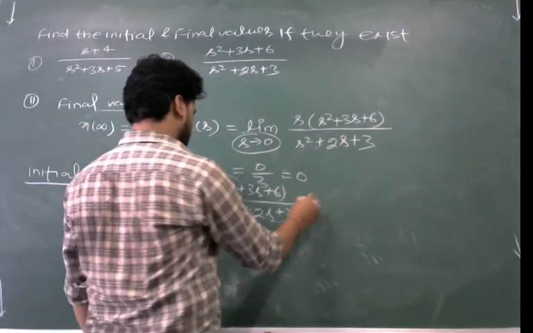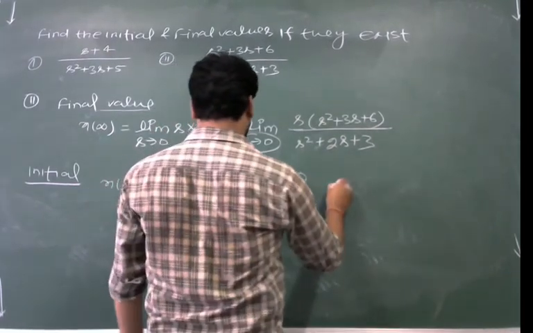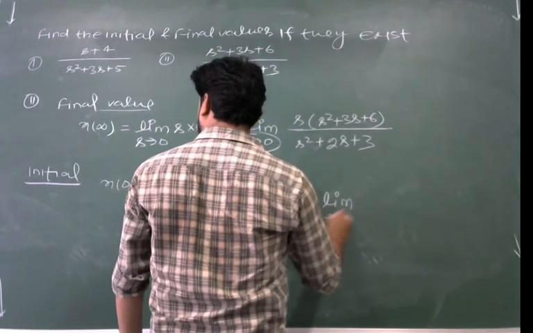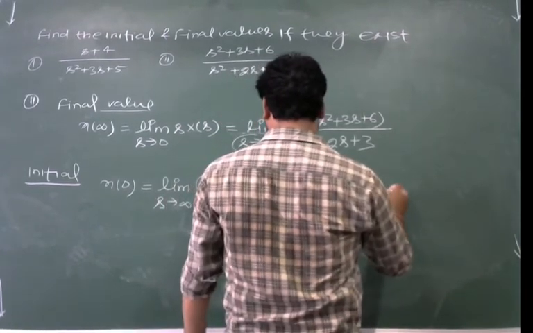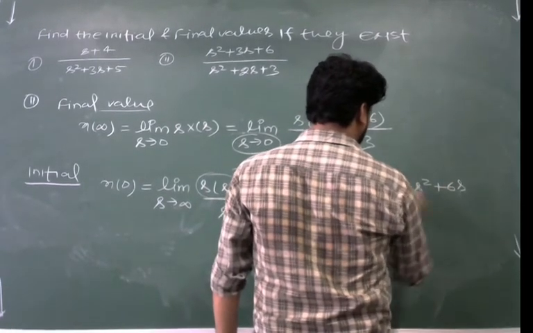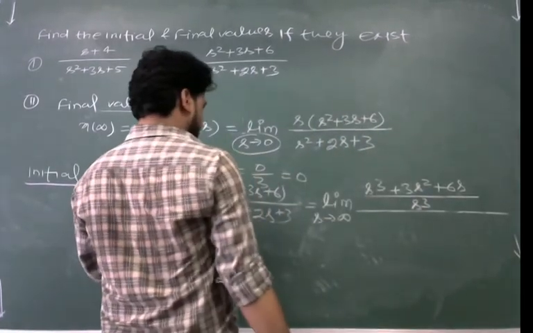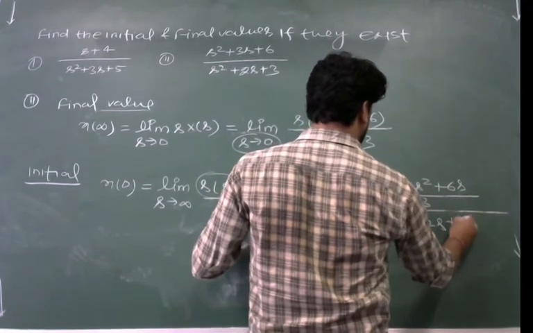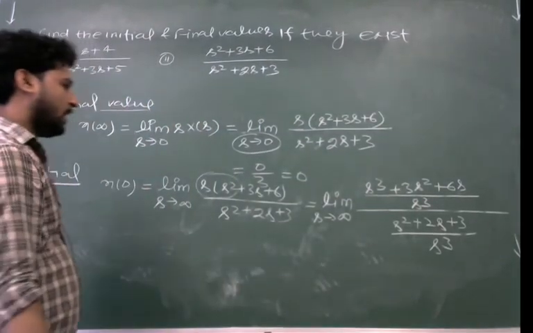So this will become limit s tends to infinity of s square times s cube plus 3s square plus 6s divided by s cube, upon s square plus 2s plus 3 divided by s cube.